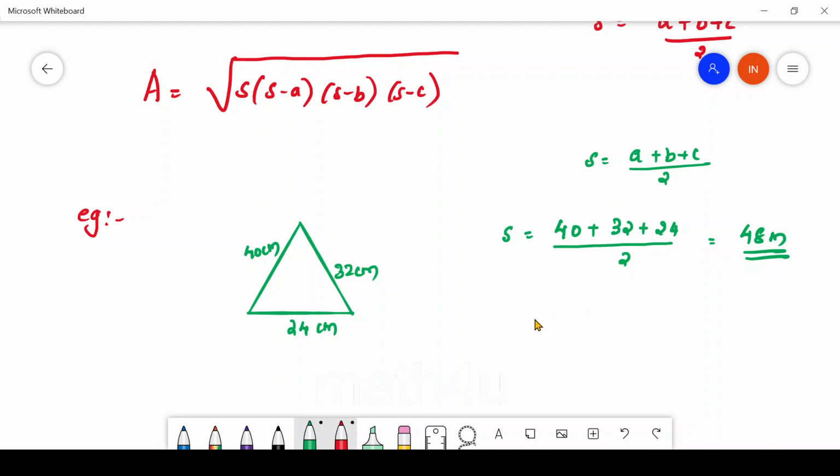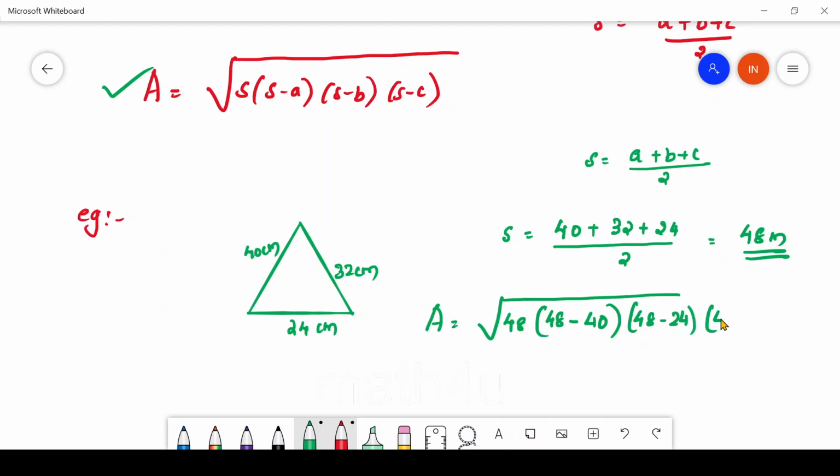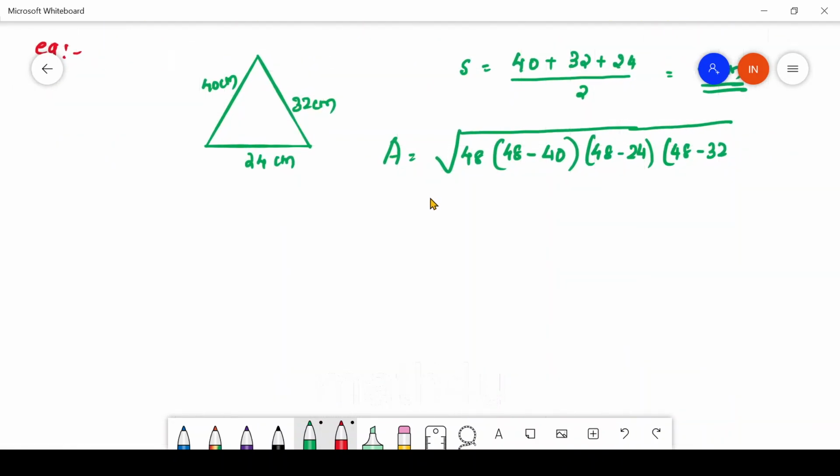And what is the area now? Area is equal to, you have the formula over here, so you have to substitute. 48 into 48 minus a, which is 40, then S minus b is 24, then S minus c is 32, right? So let us simplify this. This is equal to root of 48 into, what is 48 minus 40?